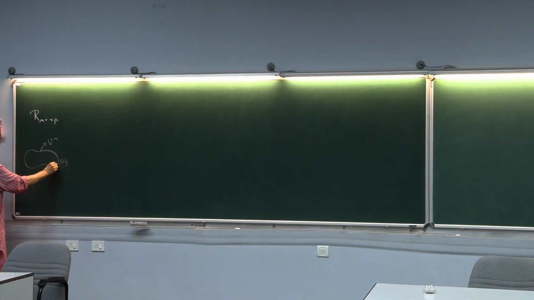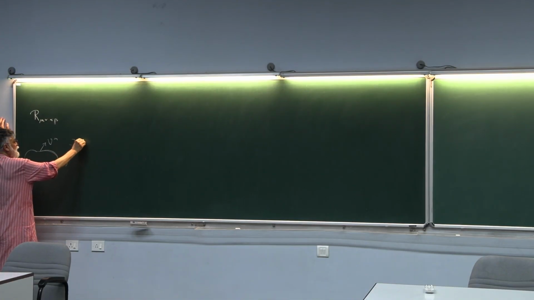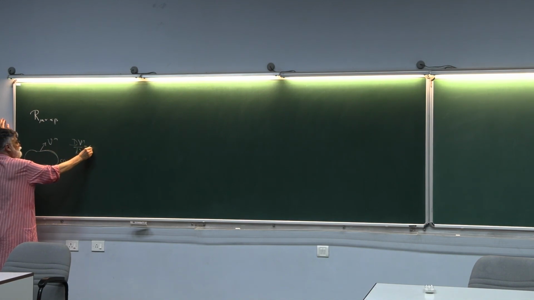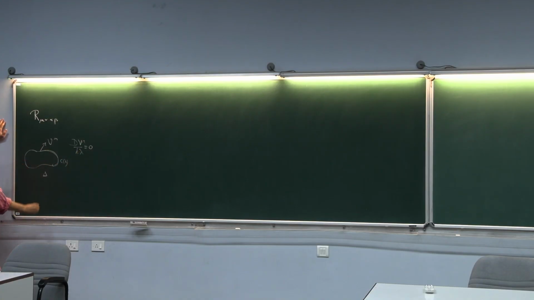parallel transported, remember what is the equation for parallel transport? dv mu by d lambda as you go along C of lambda. So the parallel transport equation is this, and if you parallel transport it along this curve and come back, you will find that the vector in general does not have the same components.